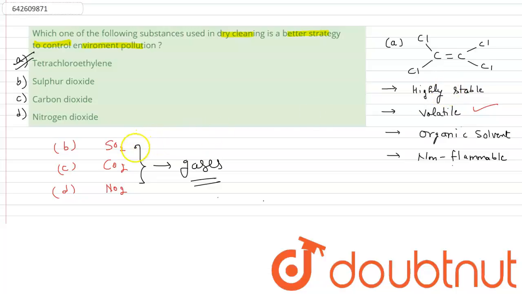On the other hand, the excess concentration of SO2, CO2, and NO2 leads to the greenhouse effect. So option A is the correct answer, and options B, C, and D are wrong. We are left with answer A, that is tetrachloroethylene.